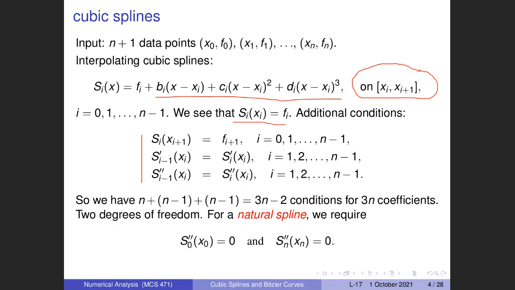If you add up all these conditions, we get 2 times n minus 2. We add n to this, so we have 3n minus 2 conditions. We have 3n coefficients, and we have 2 extra degrees of freedom. We say that the spline is a natural spline if the concavity at the endpoints is 0.